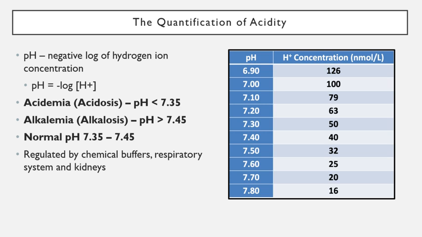What I do want y'all to know, and you probably should have some exposure to this, is to memorize these pH values here. If you're less than 7.35, that's acidemia, and if your blood is greater than 7.45, it's alkalemia.